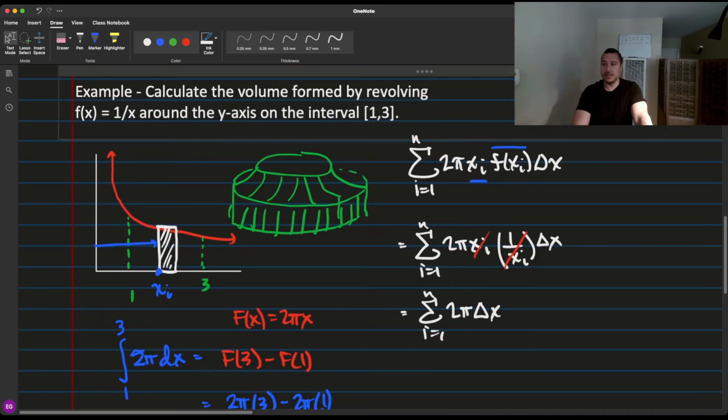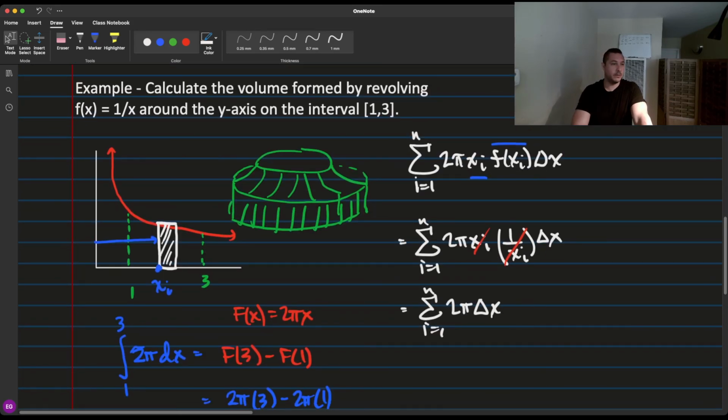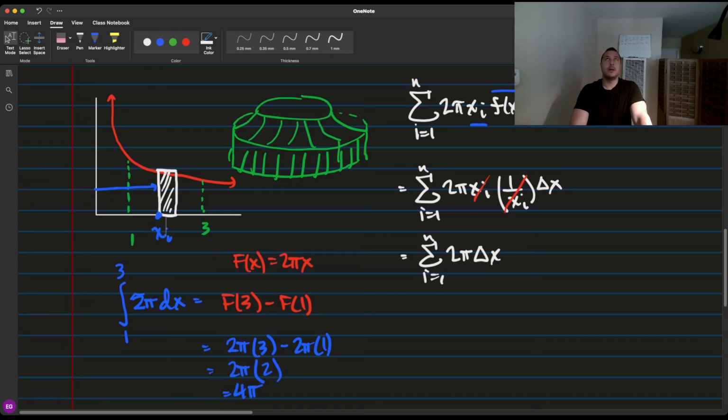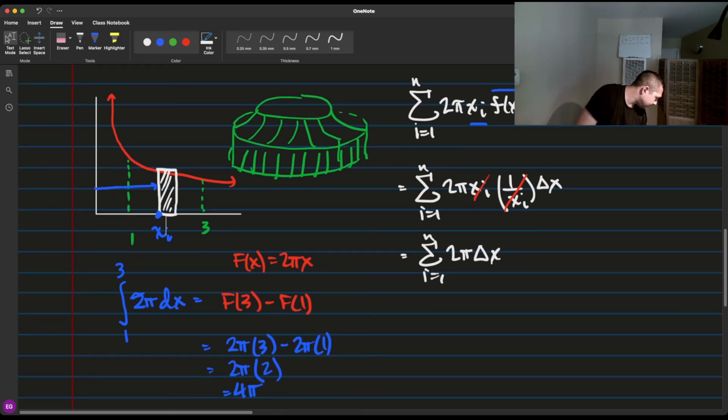But you can just jump into setting up the estimated volume and then taking the limit, which gives you the definite integral. And that is the method of cylindrical shells.